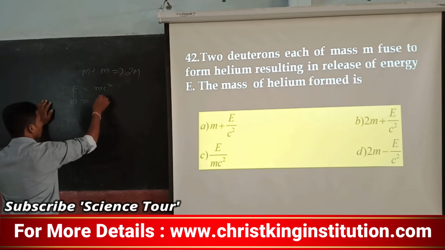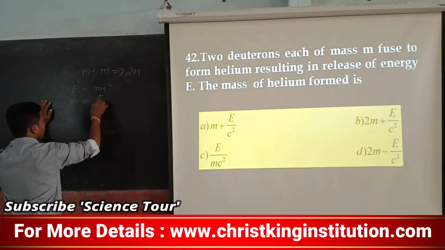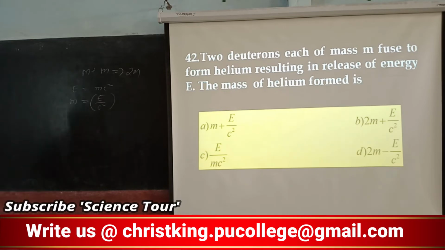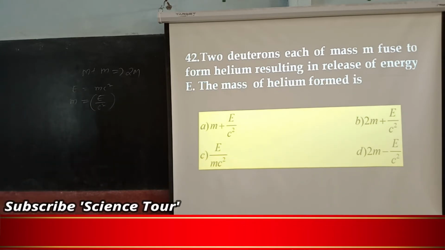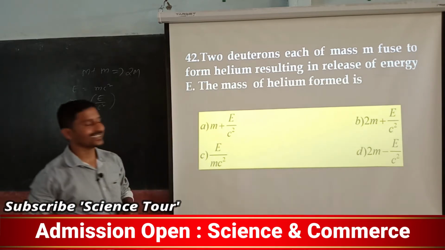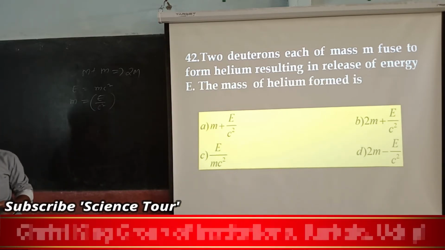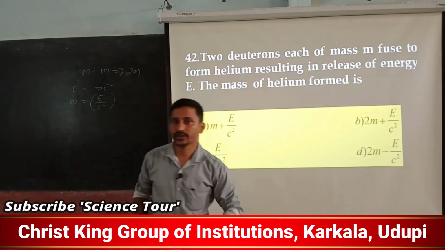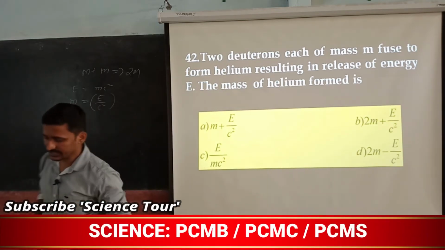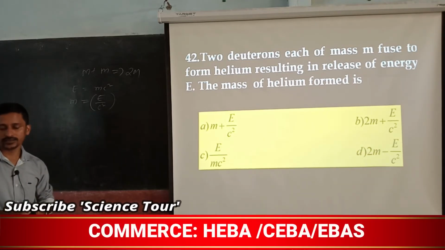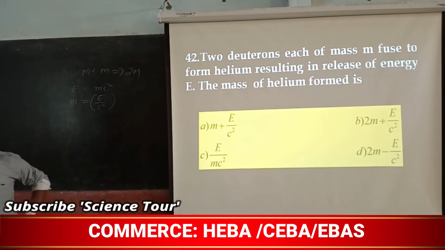Mass is equal to E by c square. That is the formula, isn't it? Now the mass of the helium formed is 2m. How to get that? Think. Find out the answer.